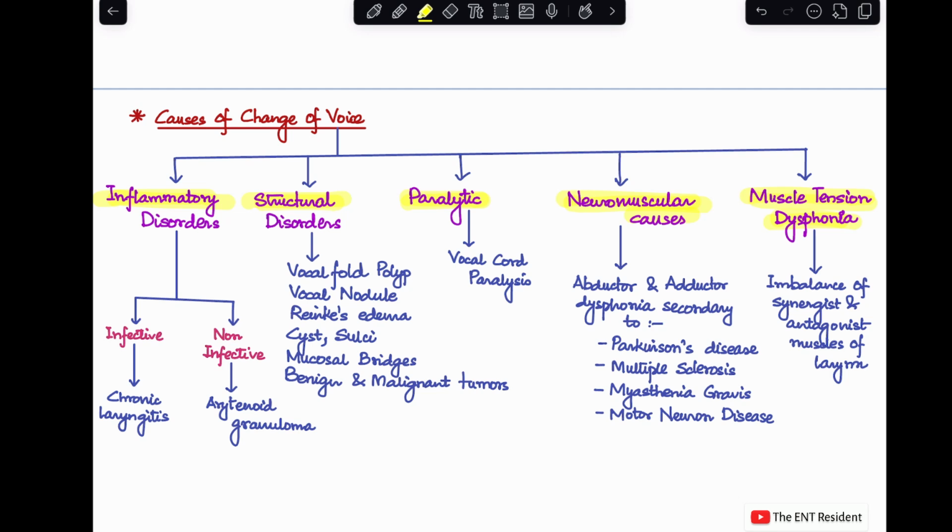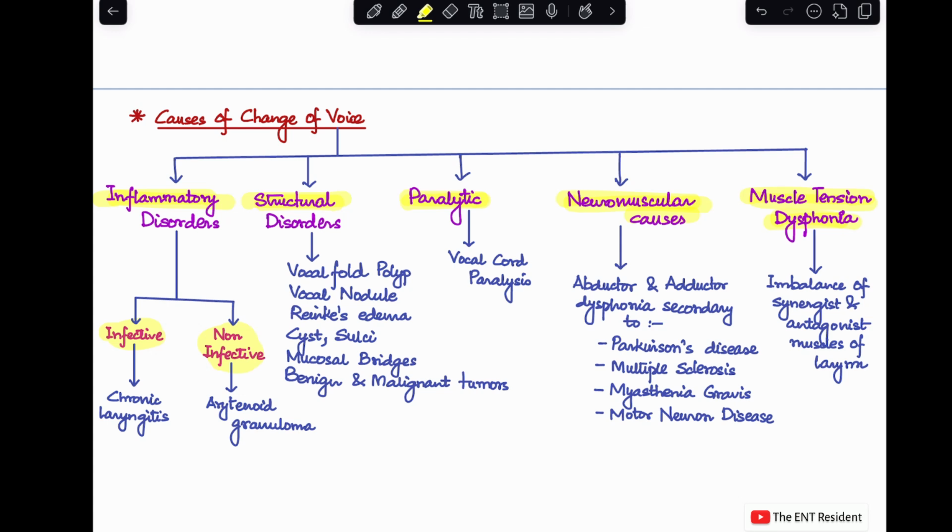Inflammatory disorders can be infective and non infective. An example of an infective one is chronic laryngitis, and a non infective one is arytenoid granuloma. Examples of structural disorders would be vocal fold polyp, vocal nodule, Reinke's edema, cyst, sulci, mucosal bridges, benign and malignant tumors.